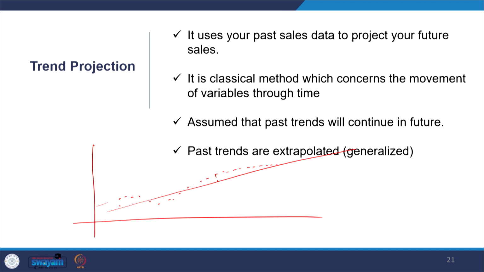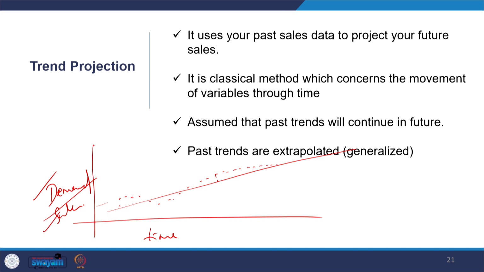It is a classical method which concerns the movement of variables through time. Now, this is the time period, and this is the demand or sales. So, how it is moving across various time periods, thus demand or sales, we can measure it.